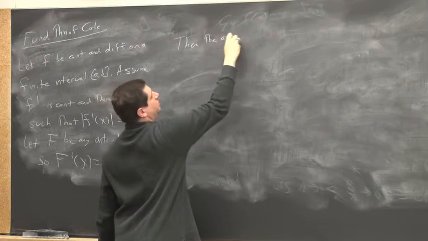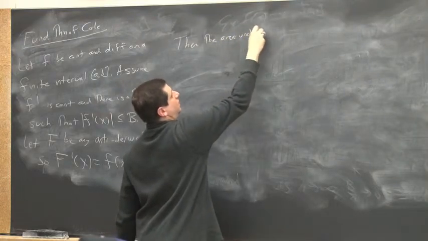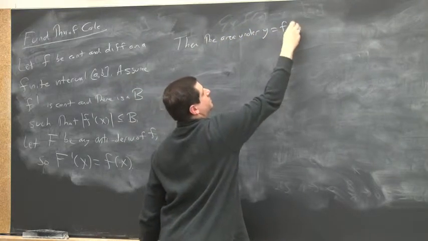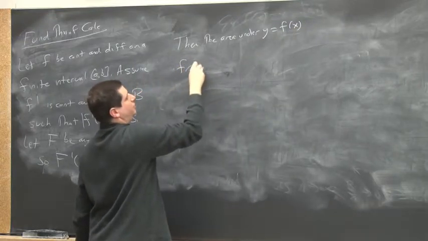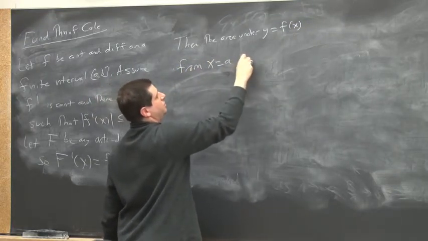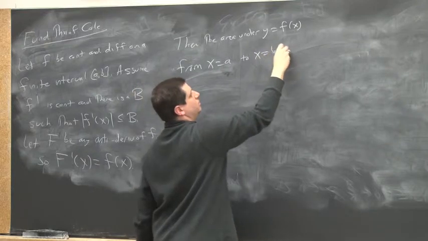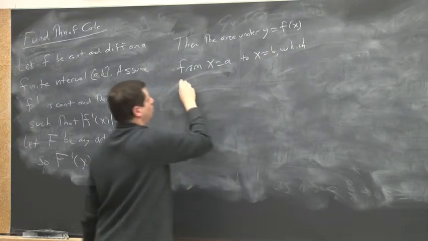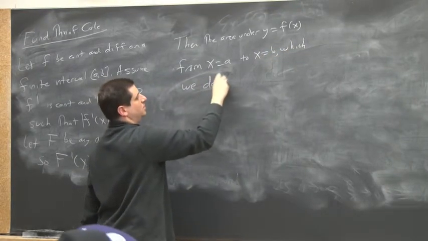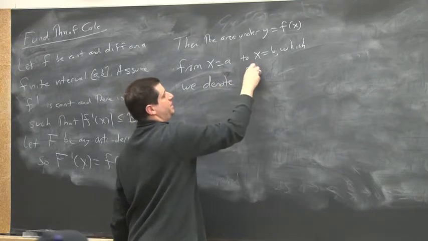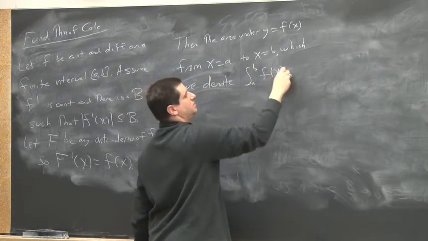Then the area under y equals f of x from x equals a to x equals b, which we denote the integral from a to b of f of x dx.